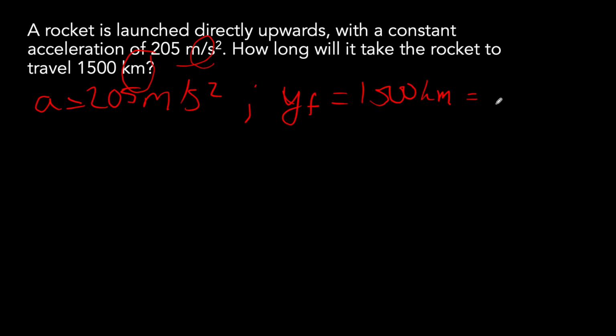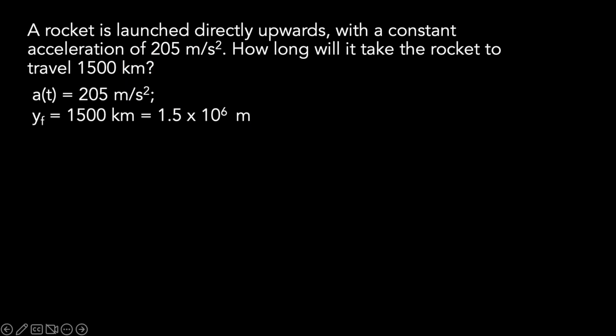So therefore, I switch to scientific notation, and I'm going to write 1.5 times 10 to the 6 meters. I want my acceleration and I want my position to have the same units so I don't get confused later on. Besides my given information, the acceleration and also my final position, which I've converted to all be in the same units, what will I do now?